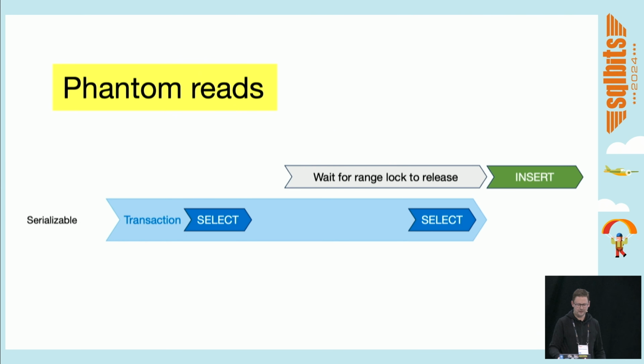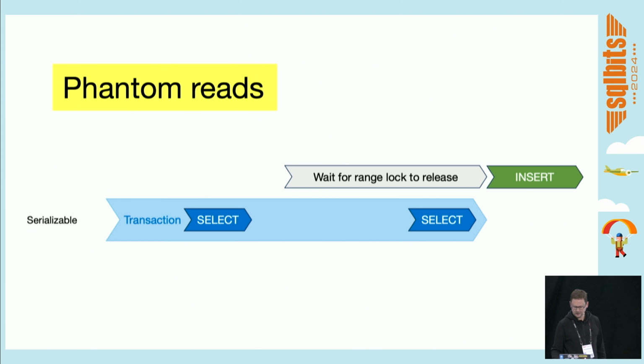And that's what the next level, which is called serializable, protects us against. Serializable is an isolation level that not only locks specific items, in this case, it will lock a range, right?